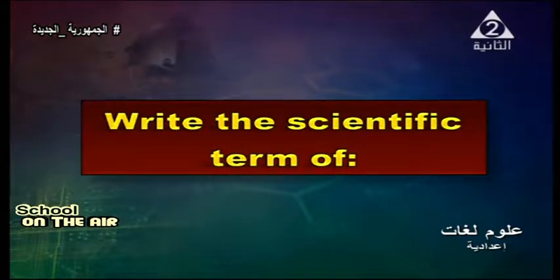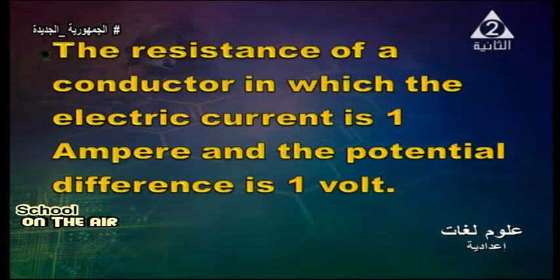Another question in our revision: write the scientific term for the resistance of a conductor in which the electric current is 1 ampere and the potential difference is 1 volt.